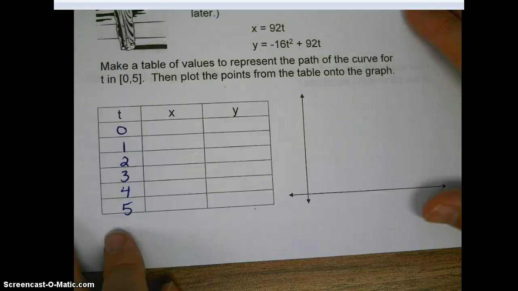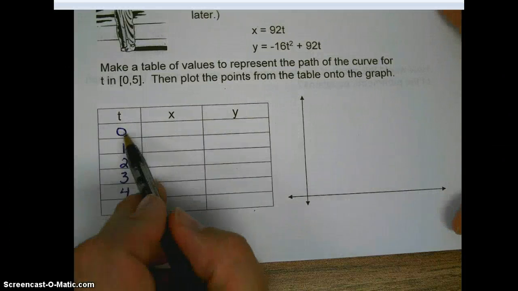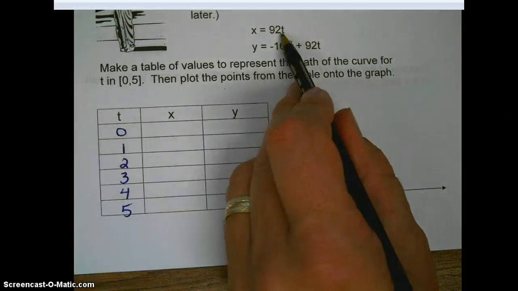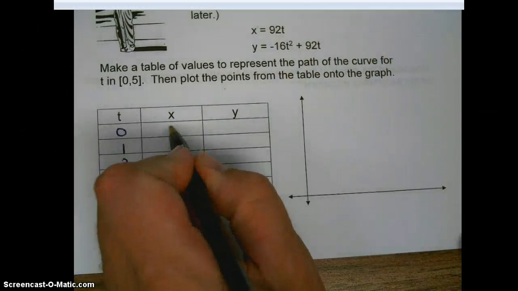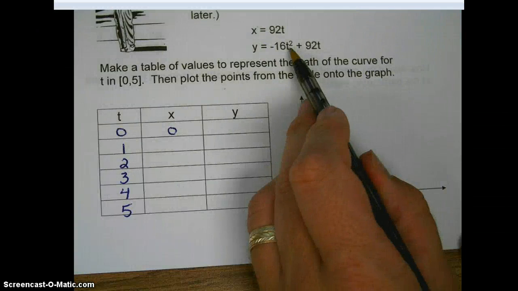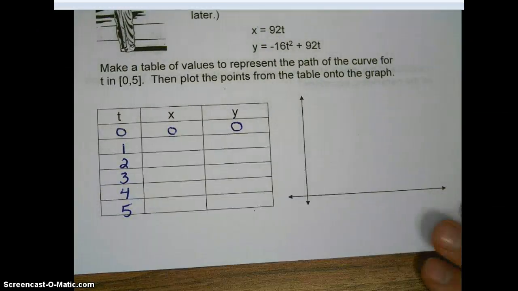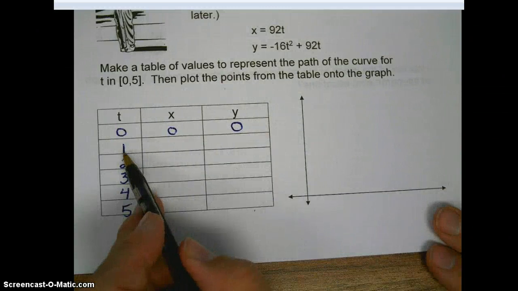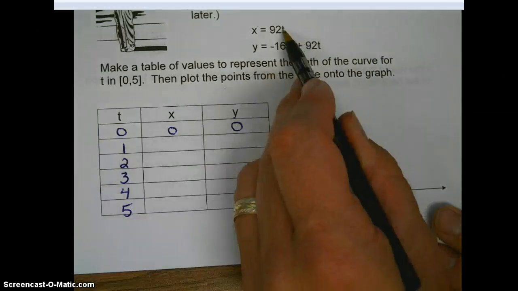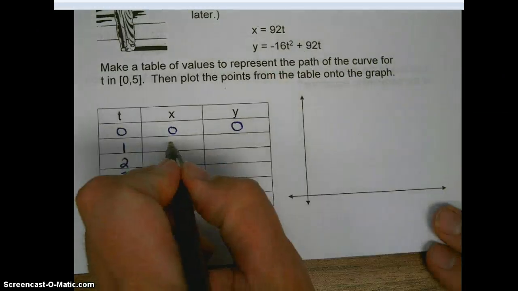What we're going to do here is plug 0 in for t. Plugging 0 in, we get 0 out. Plug 1 in, we get 92.